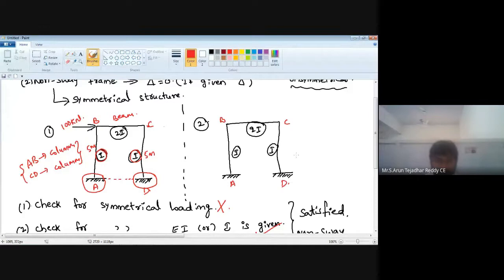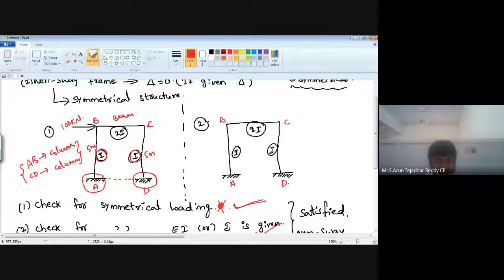A to B has 0 kilonewton, and C to D also has 0 kilonewton. So the check for symmetrical loading is satisfied.